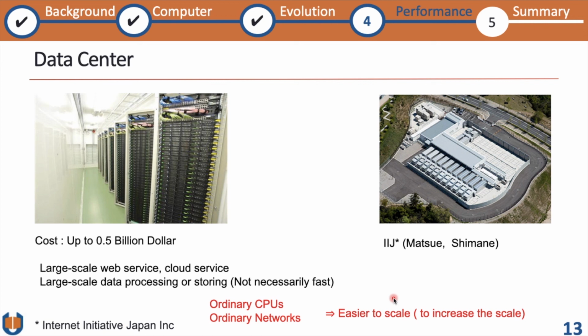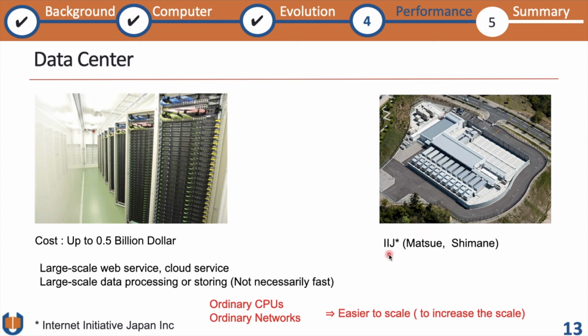So they need large-scale data processing speed, but not necessarily the fastest, like a supercomputer. This is a network and collection of ordinary computers, ordinary CPUs, and that is scalable. It costs up to $500 million, and we can see a type of data center here.